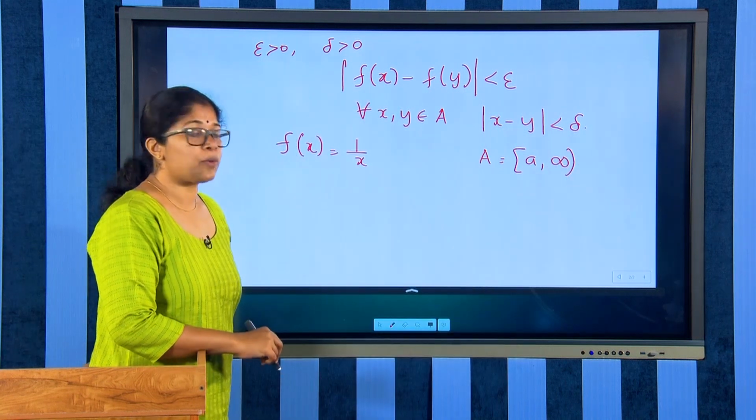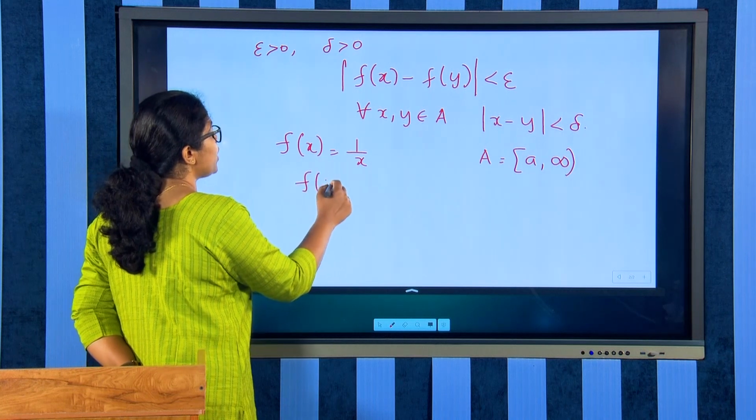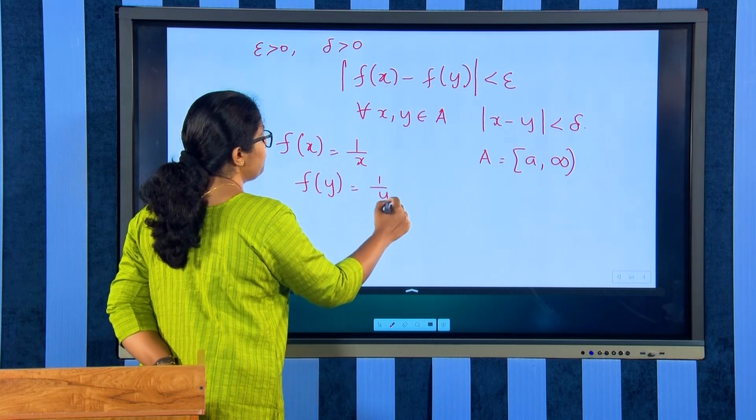So, f of x is equal to 1 by x and f of y is equal to 1 by y.